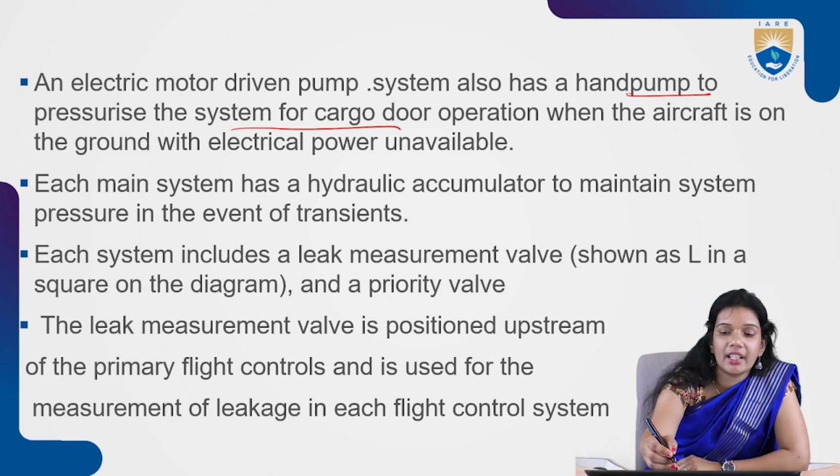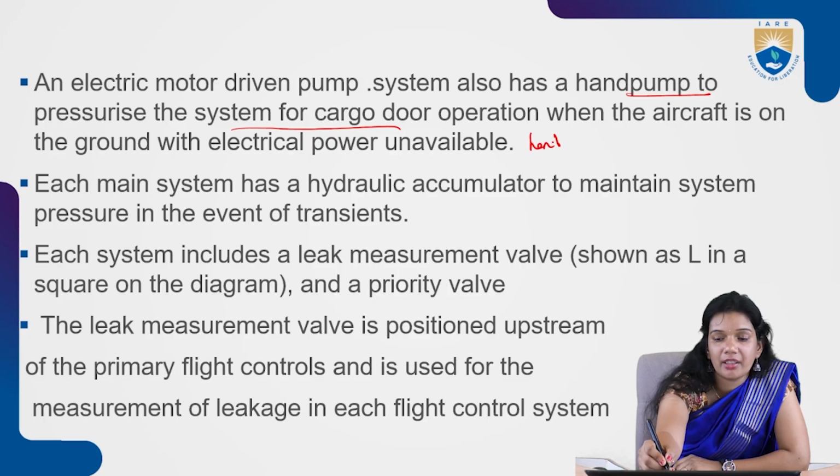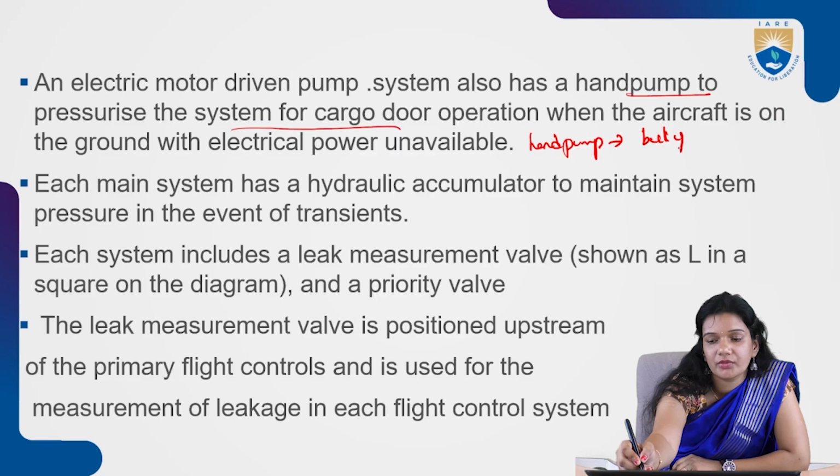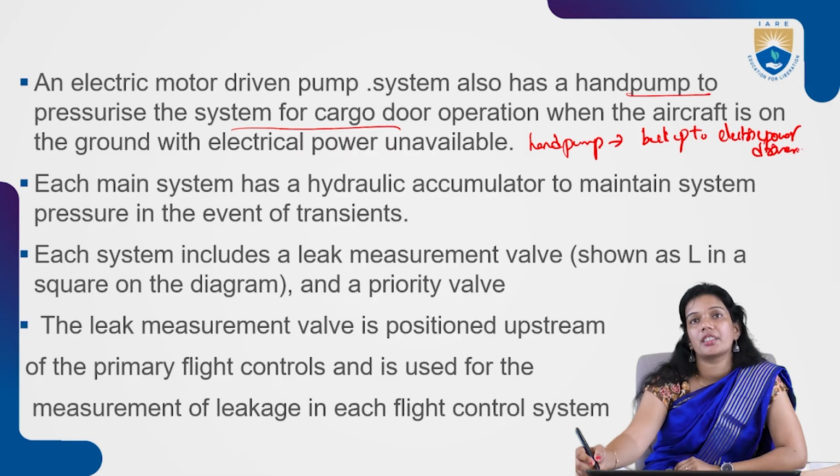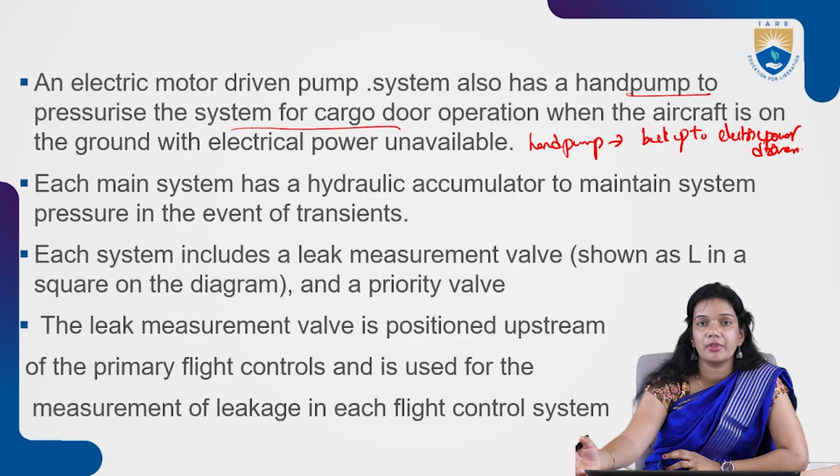So these hand pumps are acting as a backup to the electric pumps, electric power. In case of electric power failure or if it is not available, then using the hand pumps you can move the cargo door, right?